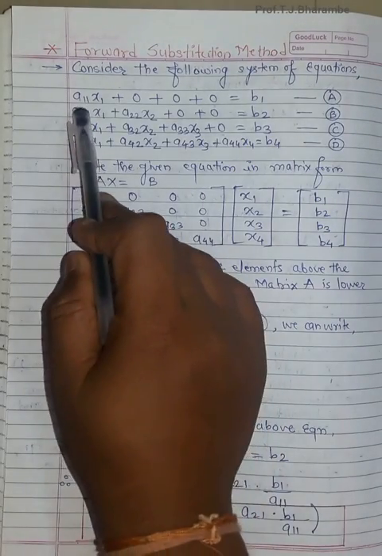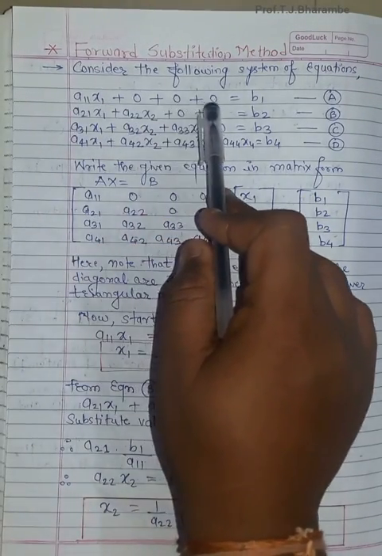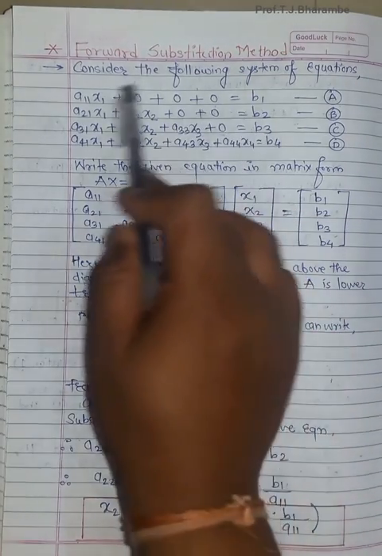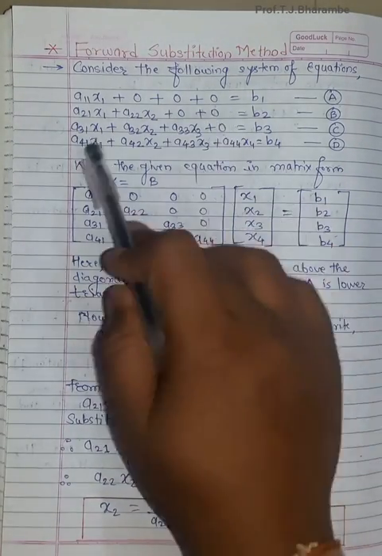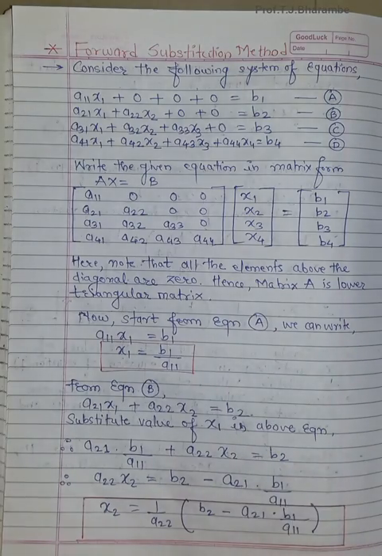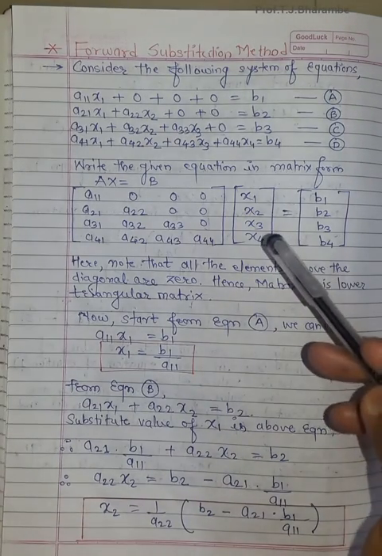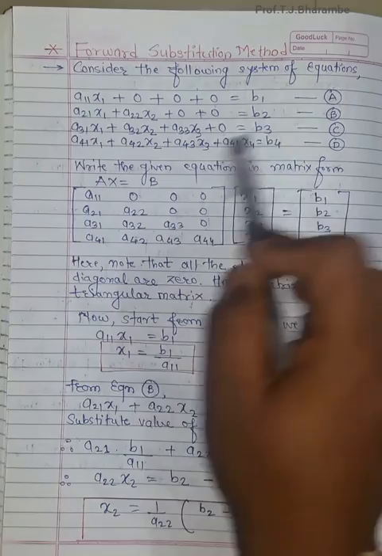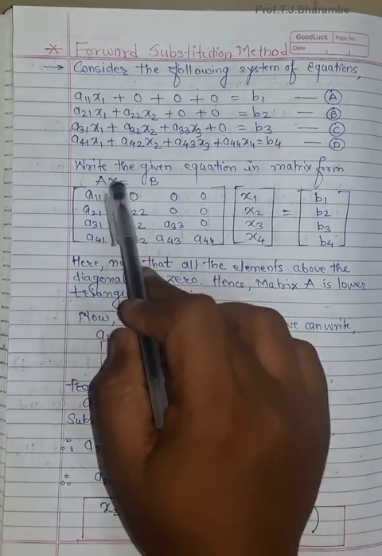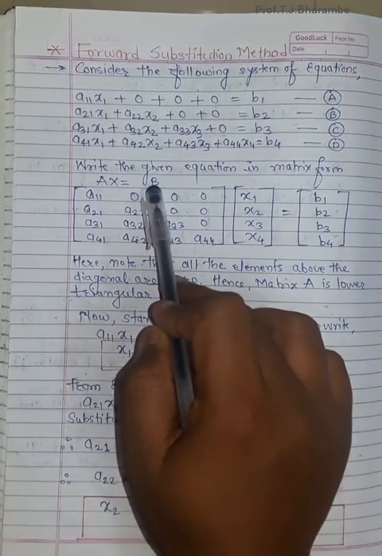So see here, first equation: a11 x1 plus 0 plus 0 plus 0 is equal to b1. In this forward substitution, the given equations are in lower triangular form. So what we have to do is write this system in matrix form, that is AX is equal to B form.